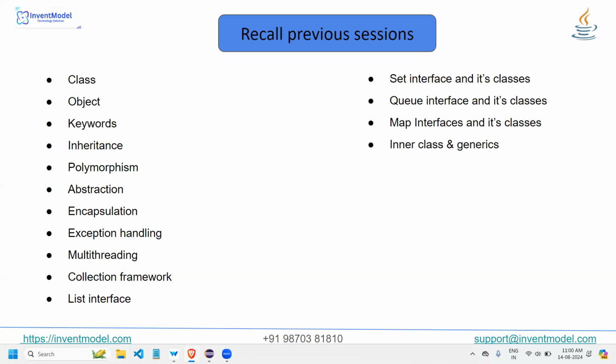Those three are part of the collection framework, but map is not. In the list interface, we have already covered ArrayList, LinkedList, Stack, and Vector. Similarly for set, we have covered TreeSet, HashSet, and LinkedHashSet.